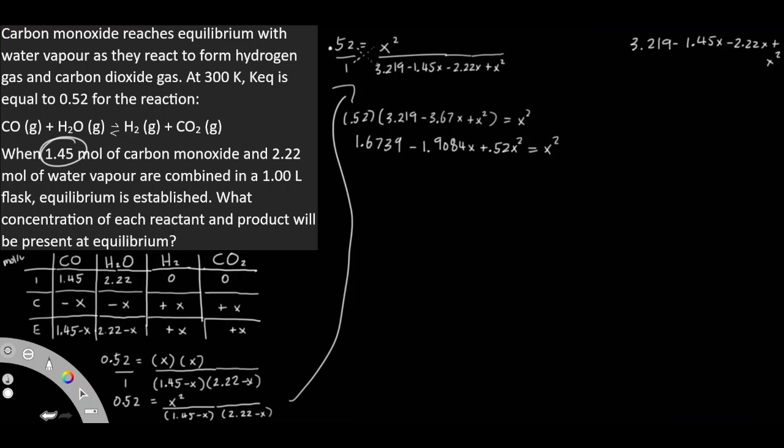Now let's start putting them all on the same side, because like I said in the beginning of this video, when we get to non-perfect squares, we have to put them in a format where we can use the quadratic formula. Let's bring this one over to this side. You're probably thinking, why not just bring this one over here? It'll be a lot easier.